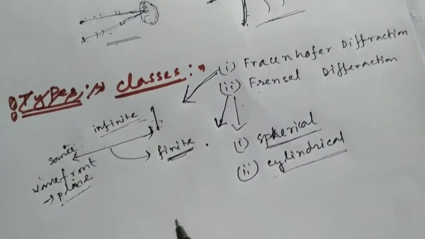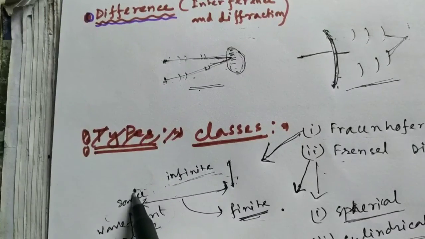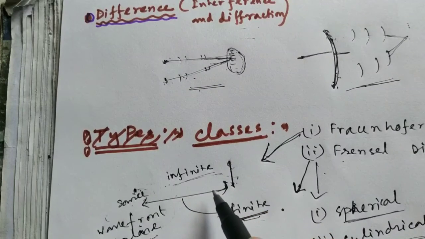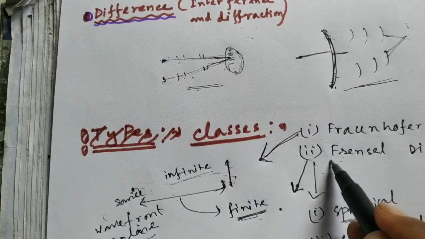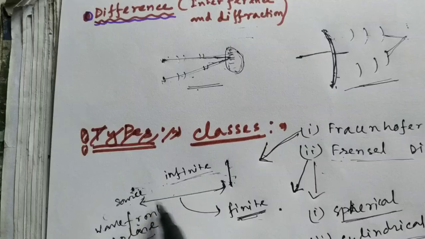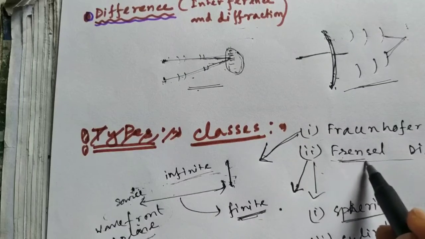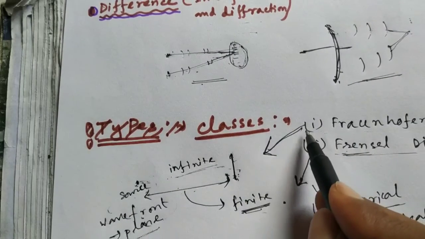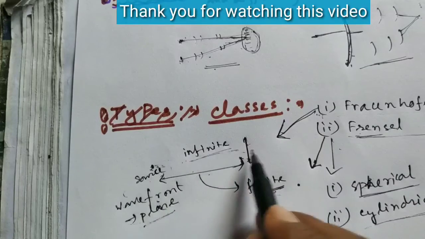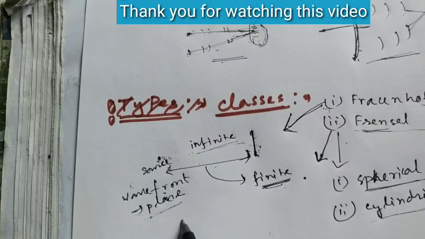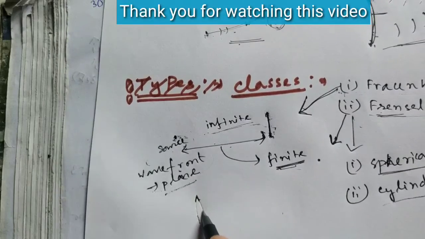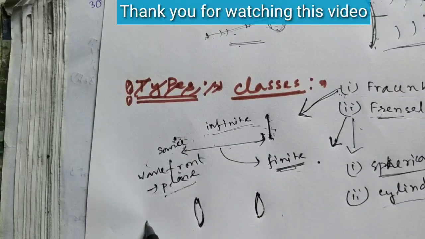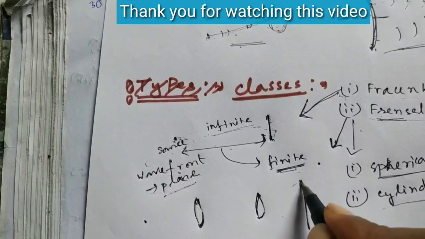Fraunhofer diffraction means the distance between source and screen is very long, and the distance between the source and screen in Fresnel's diffraction is very small. In Fraunhofer diffraction, we use two convex lenses to focus the rays, and then we see the diffraction pattern.